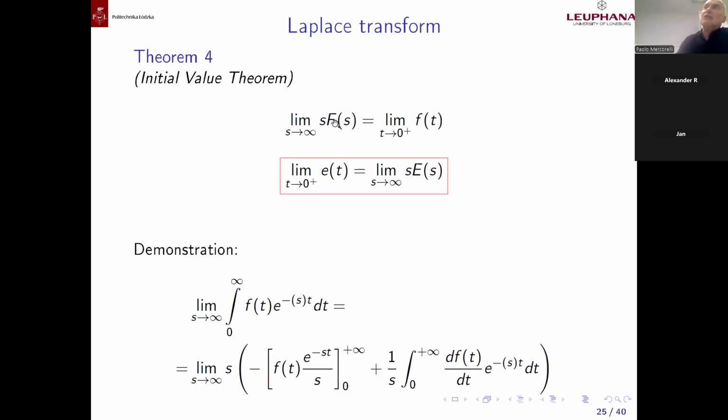Here, the formulation is the same, but we change the limit. s now is not toward 0, but toward infinite, and t toward 0 plus. This means it's going to 0 from the right.